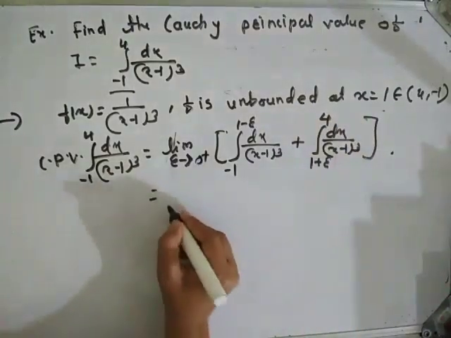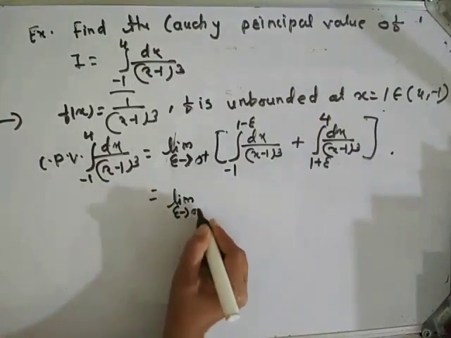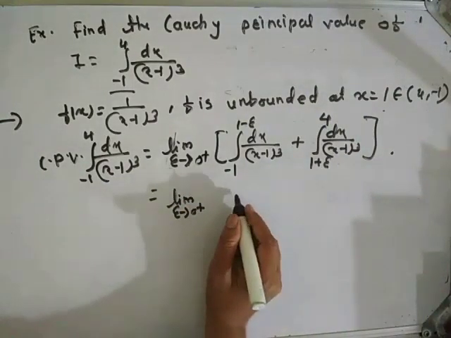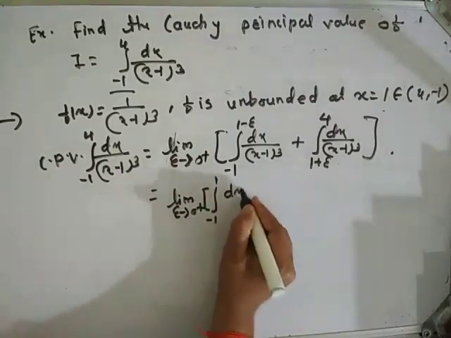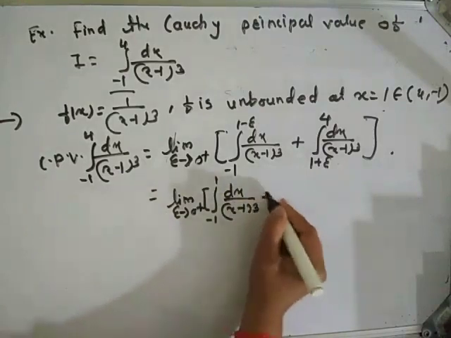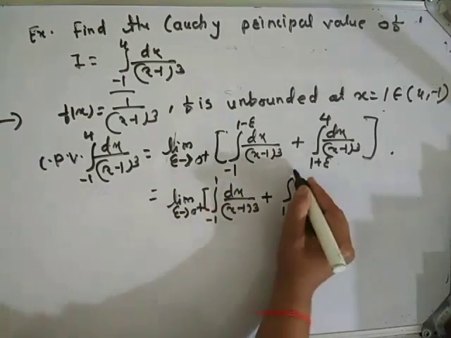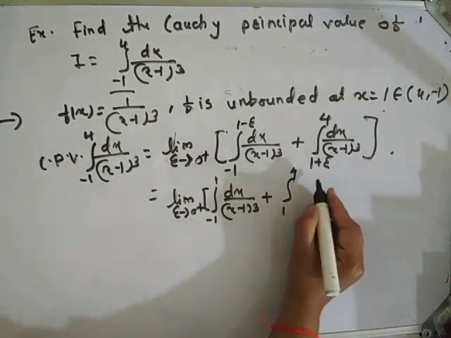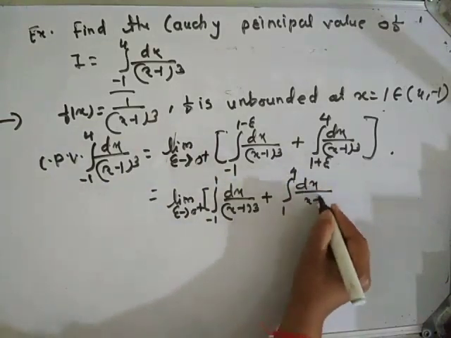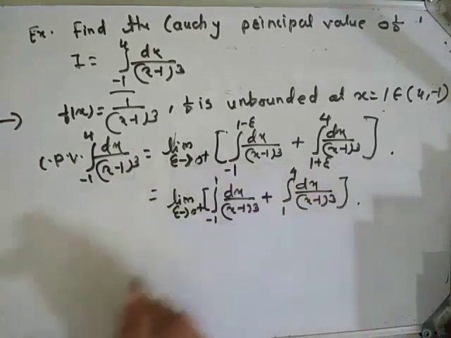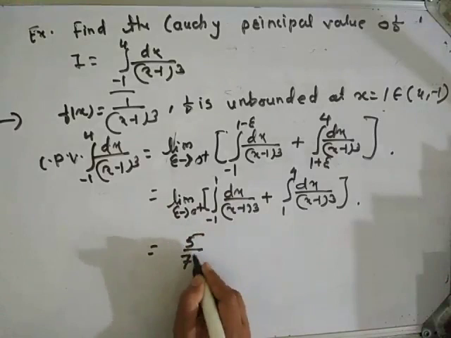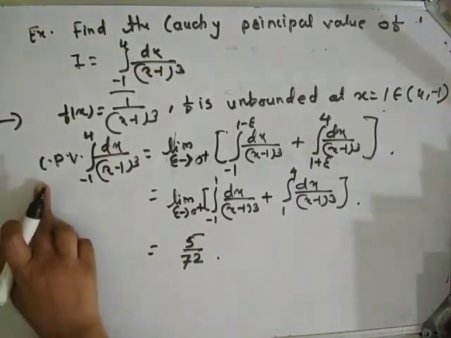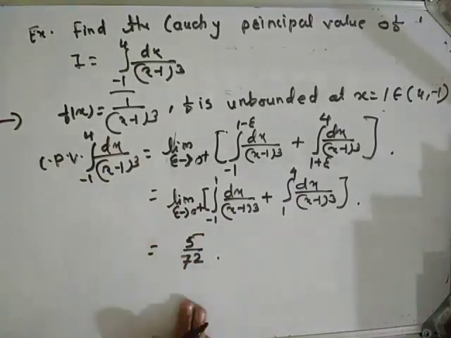This is nothing but integration from minus 1 to 1 dx upon x minus 1 cube plus integration from 1 to 4 dx upon x minus 1 cube, because epsilon tends to 0. Solve this integral, you will get a value 5 upon 72. So CPV of this integral is equal to 5 upon 72.